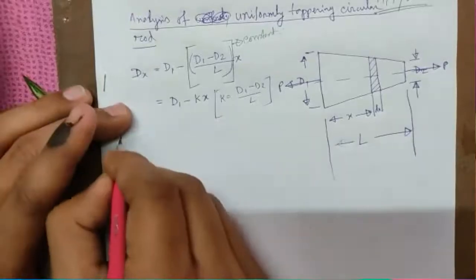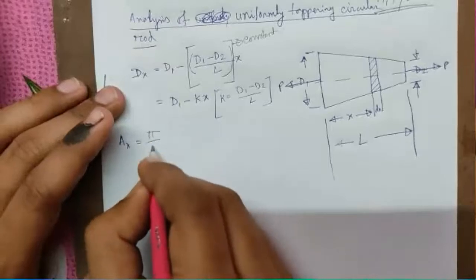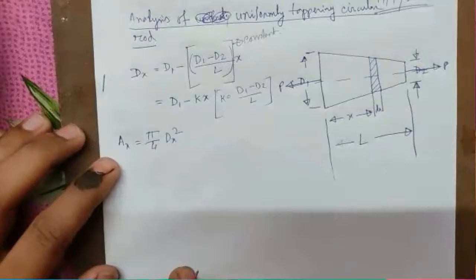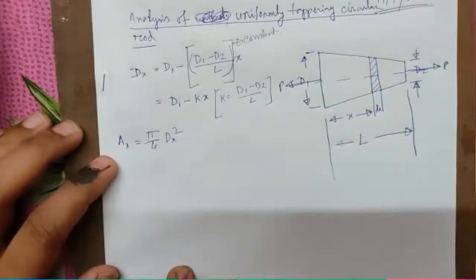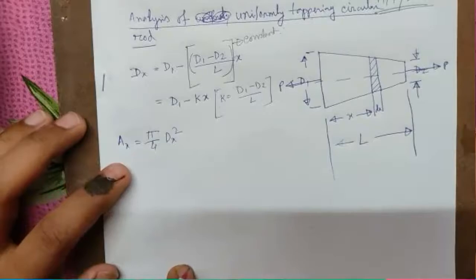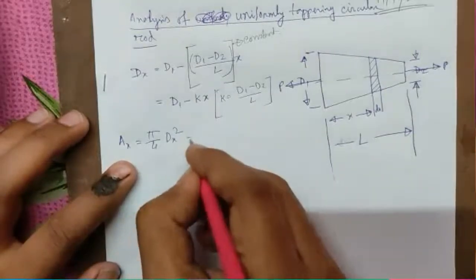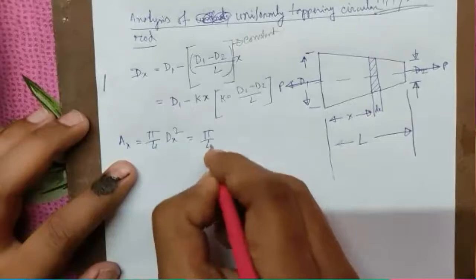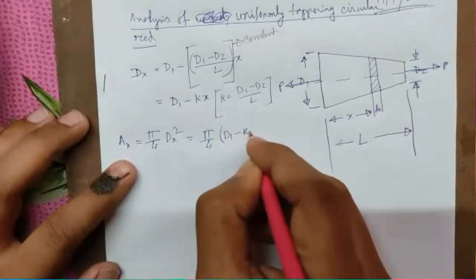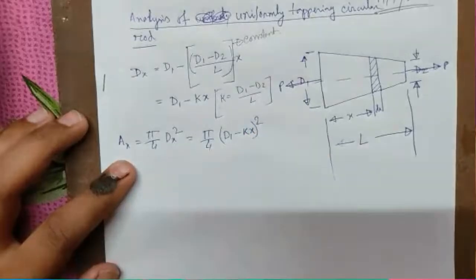Now Ax is equal to pi by 4 dx square. Cross-sectional area at x section is pi by 4 dx square. So which is literally pi by 4, putting the values, d1 minus kx whole square.